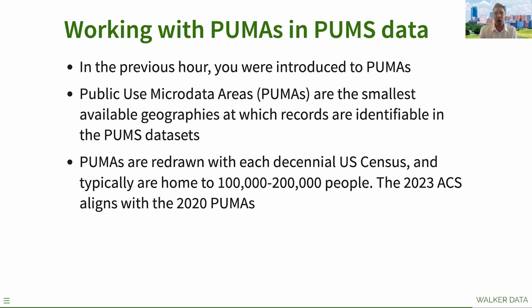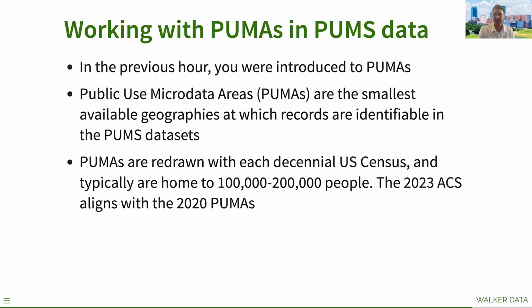And these are going to be the geographies at which you can identify people in the PUMS data. And so given that we have individual level records, privacy is paramount. And so we can't identify records in the PUMS all the way down, say, the census tract level. But we can identify them at the PUMA level, which again is a geography of between 100,000 to 200,000 people.